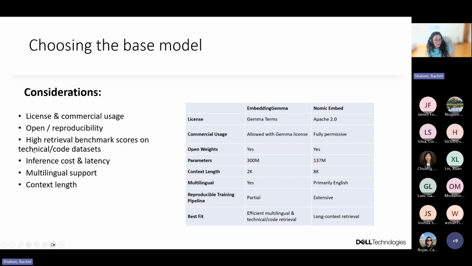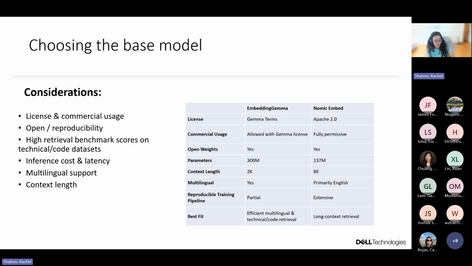That's important. We take a look at benchmarks as well. I want to look at benchmarks with tasks that are relevant to me. If I'm training a model to be better at retrieving information, questions and answers, then I will look at benchmarks with the task of retrieval. If I have code, or retrieval for code, I'm going to look at code datasets. Inference cost and latency are also important.